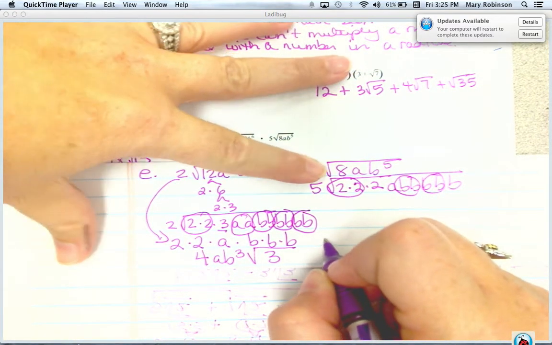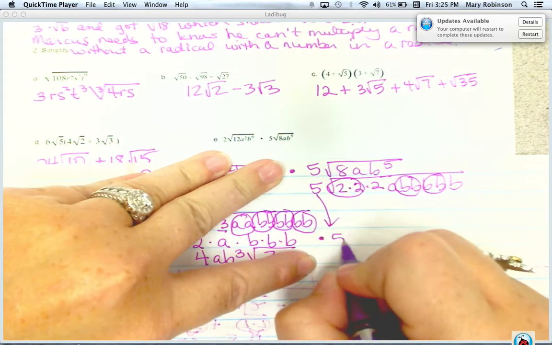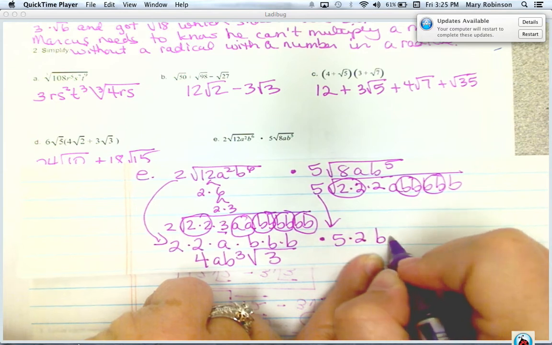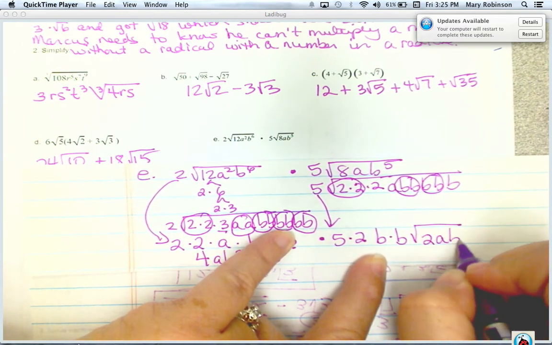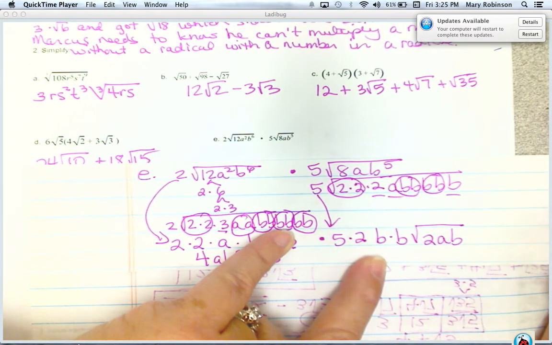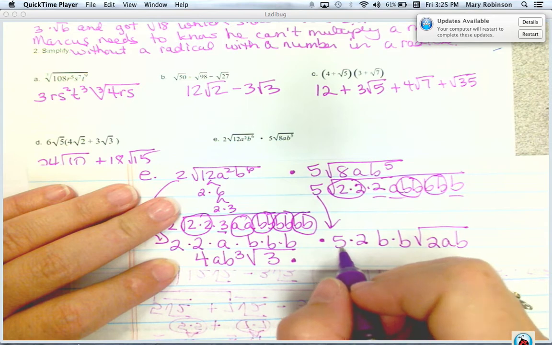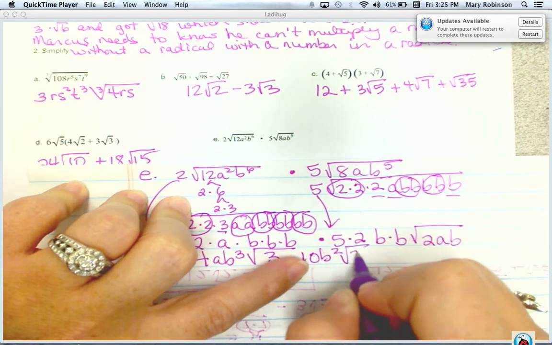On this side, I already have a 5. I'm bringing out a 2. I'm bringing out 2 B's. What's left is 2, an A, and B. Right there, 2A and B. So times 5 times 2 is 10 B squared, square roots of 2AB.